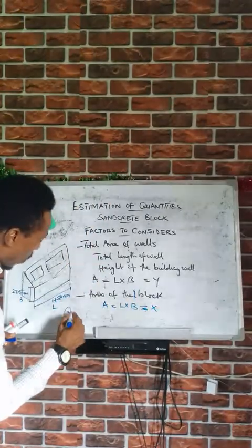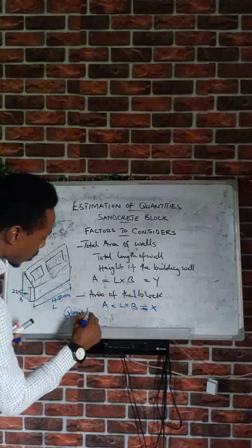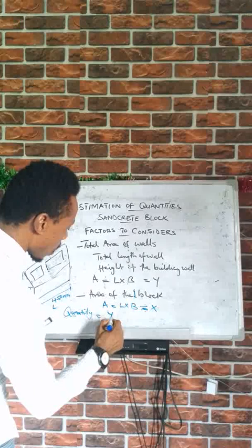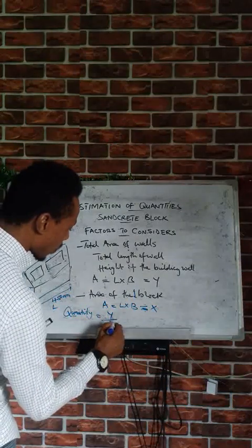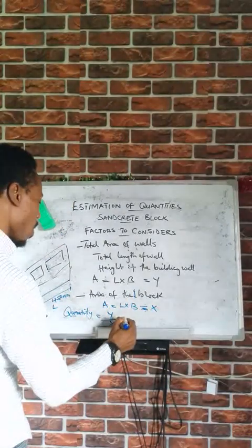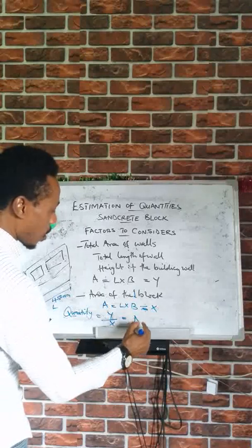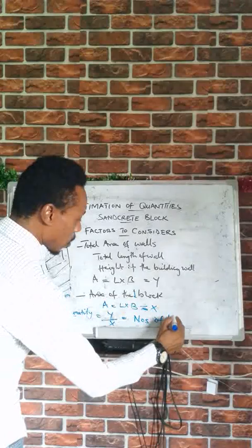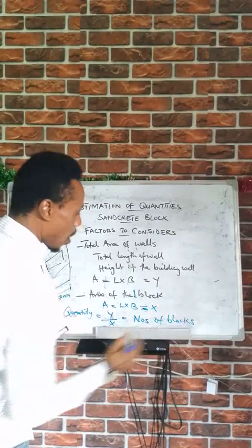The quantity will be equal to y divided by x. Whatever it gives you becomes the number of blocks.